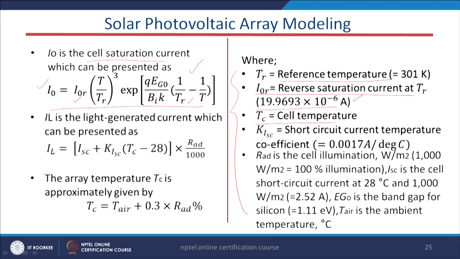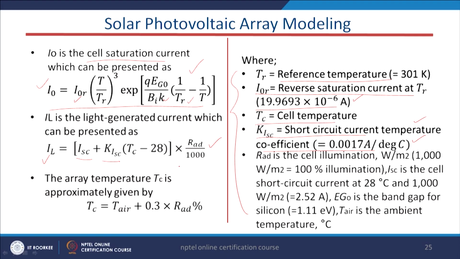And we have Ki short circuit. This K stands for the short circuit current temperature coefficient, and its magnitude is 0.0017 ampere per degree Celsius. Then, next, how does IL look? This is basically I short circuit plus K I short circuit into Tc minus 28 into RAD by 1000.